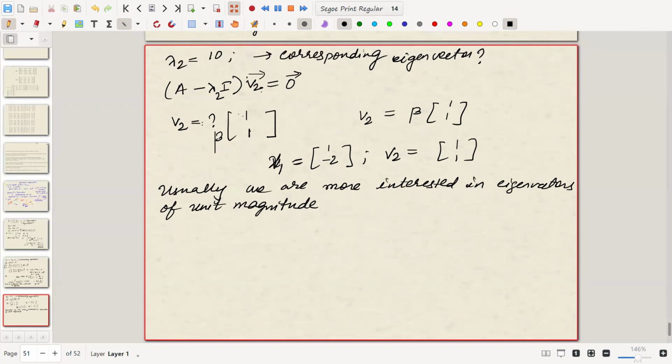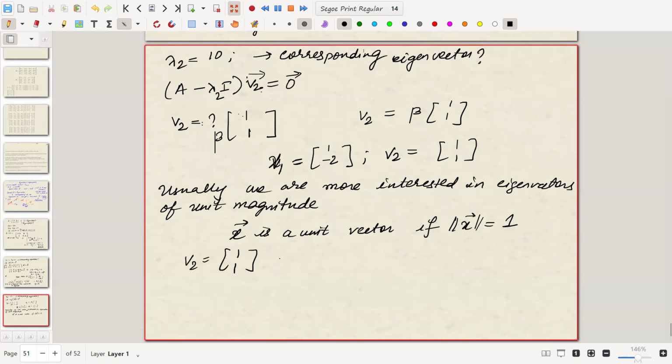That means the vector should have unit length. x bar is said to be a unit vector if the norm or the magnitude of x is equal to 1.